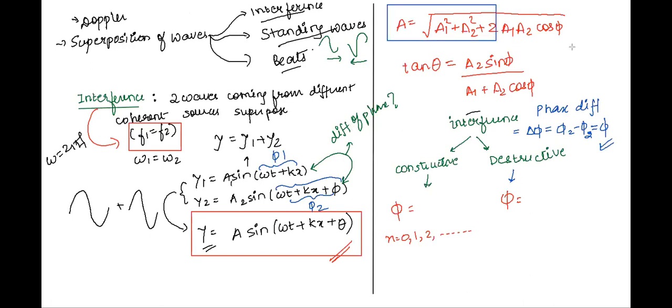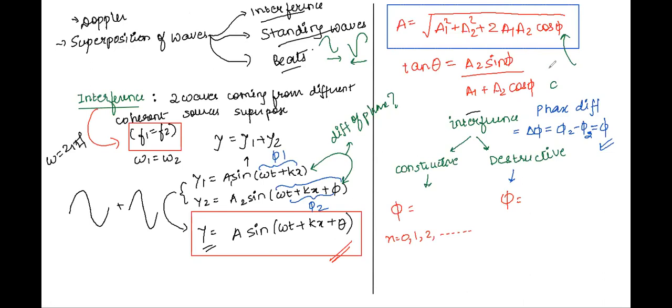Net amplitude is given by root of a1 square plus a2 square plus 2a1 a2 cos phi, where phi is the phase difference between two waves. Actually, it is the phase constant of one wave, but coincidentally, in this question, it is the phase difference. Are we clear with this?